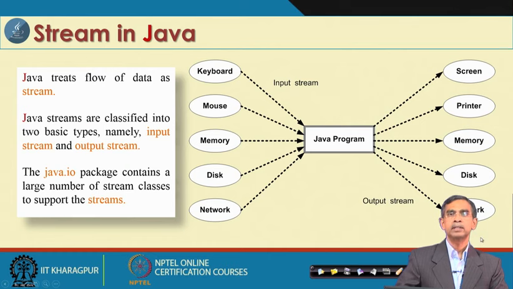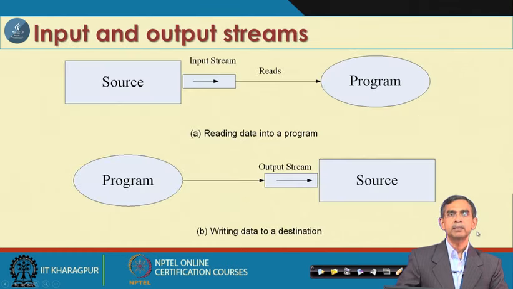As I told you, Java provides the java.io package to deal with this input output mechanism. The idea about the input stream and output stream is that your program can have data streaming from other sources, which is called the input stream mechanism.